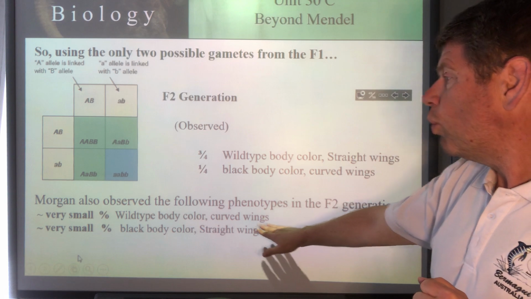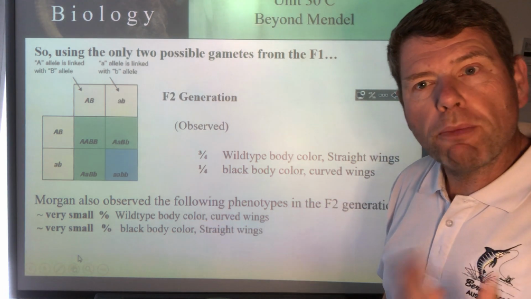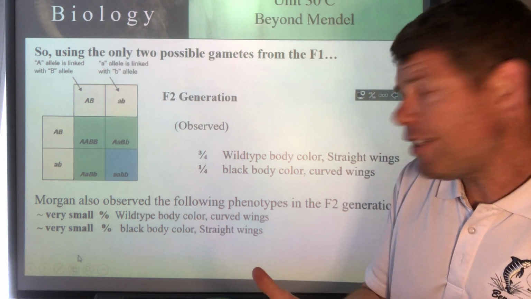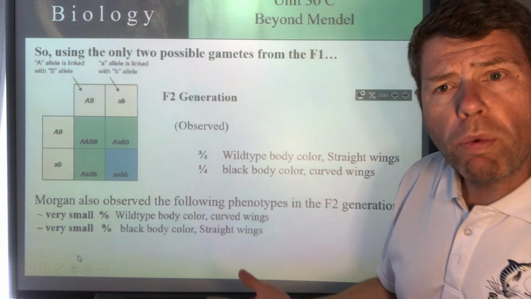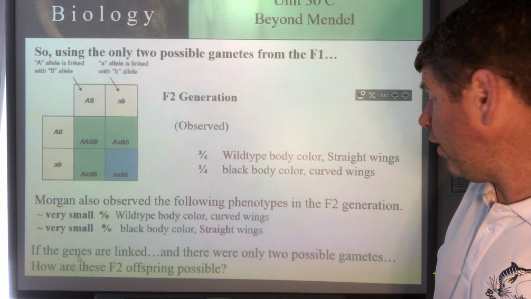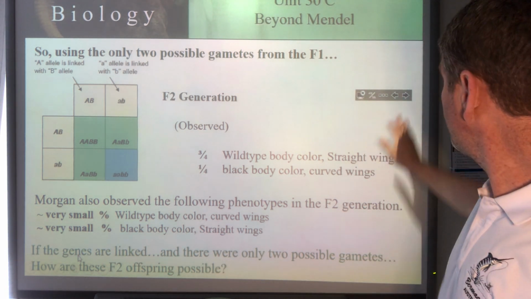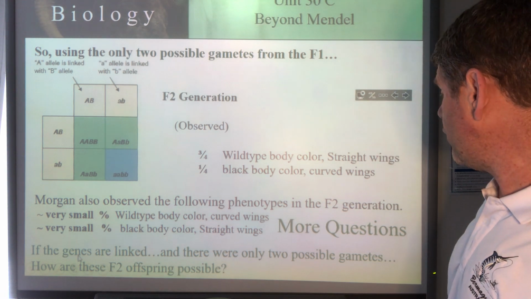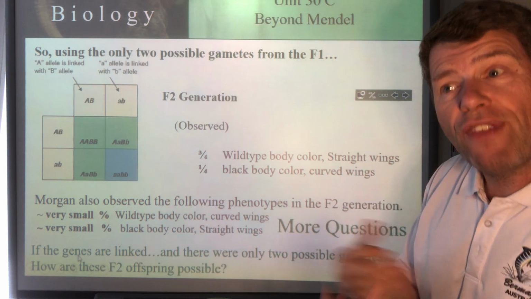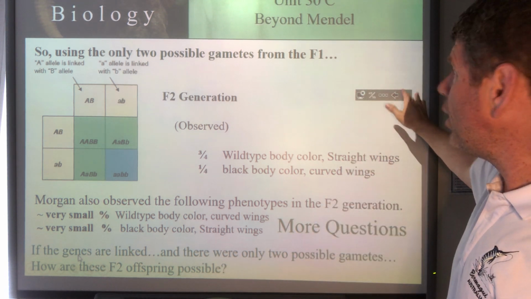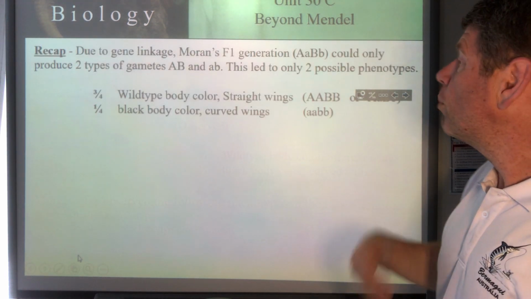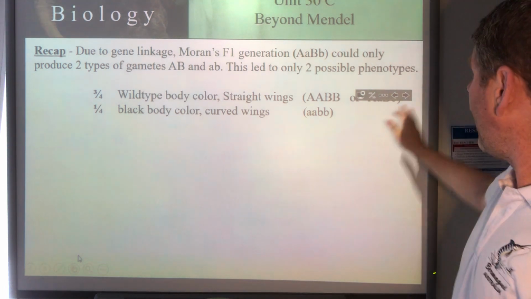However, he also observed a very small percentage of the one dominant trait, one recessive trait. So what was going on there? Well, we kind of know because of our study of meiosis, right? How can we get some more genetic variability in the formation of the gametes? We get that when there's potential crossover happening.